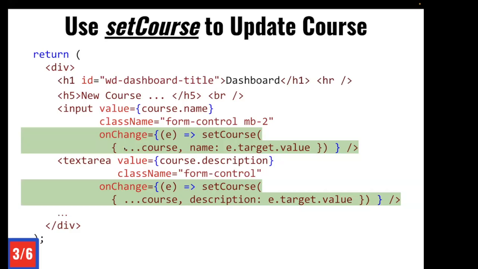It's going to be this object, where most of the fields are going to be the same fields as the existing course. But we are going to override the name, setting it to the value of the input field target that you're editing. Or in the description, we're using the current value of the text area to be able to edit the description.